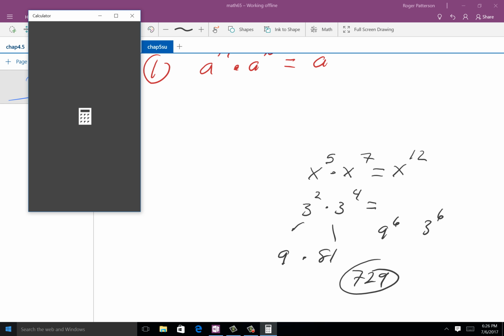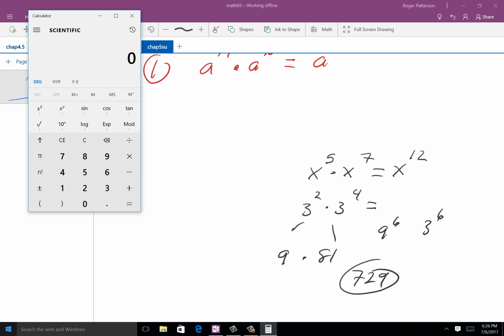Here's one. And good. So I want to see what 9 to the 6th is. 531,441. Now I'm going to try 3 to the 6th. 729.